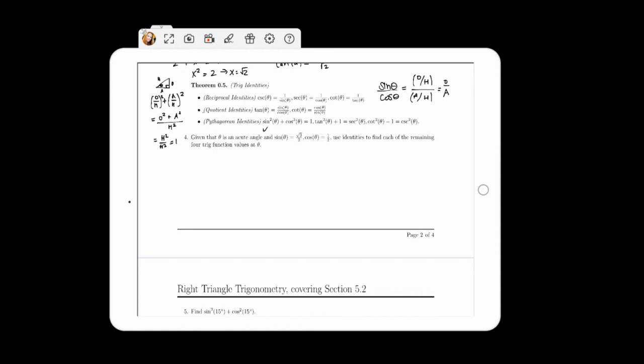If you can just remember that one, then you can remember the other ones, because, for example, if I take this and divide both sides by cosine squared, then I would get sine squared over cosine squared plus cosine squared over cosine squared equals 1 over cosine squared. In other words, tangent squared plus 1 equals secant squared.